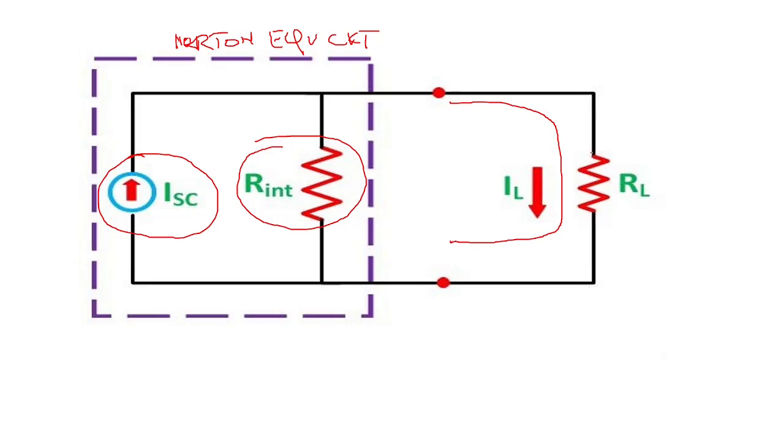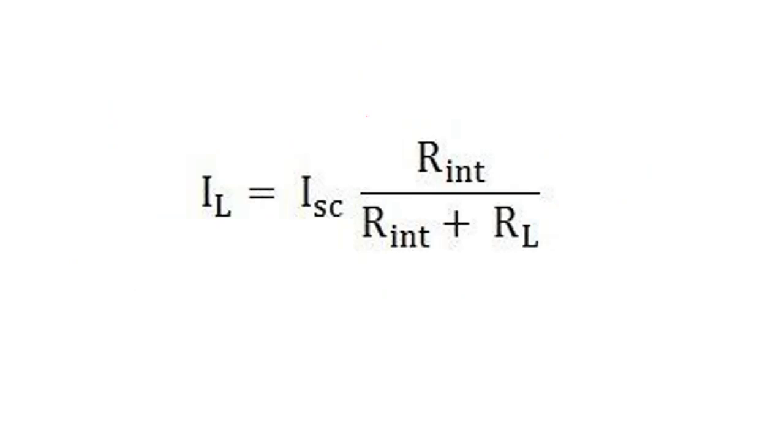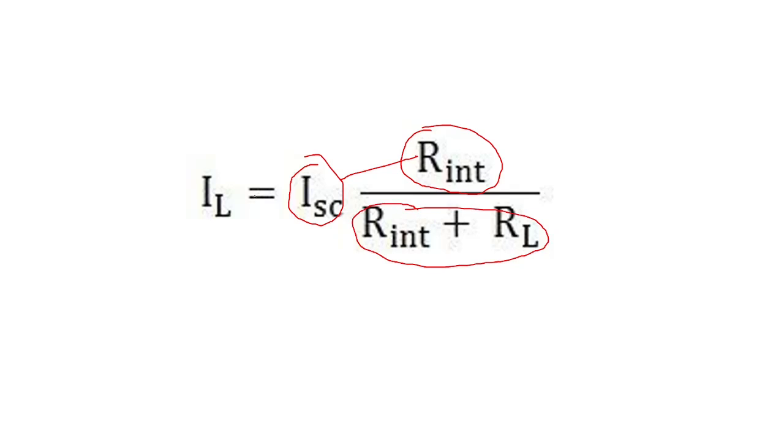Then across this circuit, whatever load was there in the main circuit, you can put here, and through that load you can calculate IL by taking the current source and the equivalent resistance. So the load current IL also can be calculated. IL will be the short circuit current, that is the Norton's current, multiplied by the Norton's resistance, divided by Rn plus RL, which gives the load current IL.